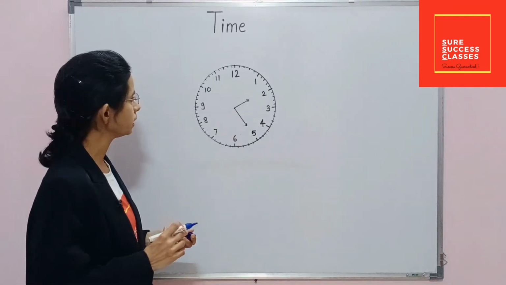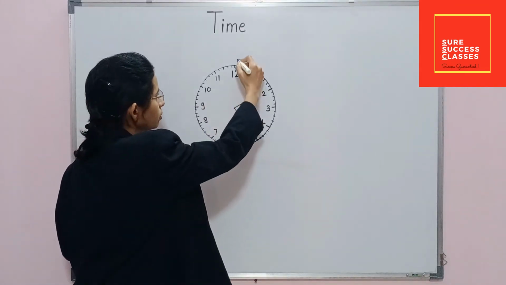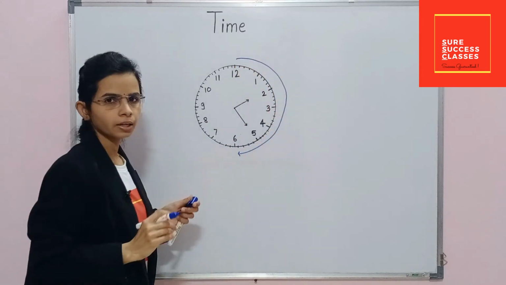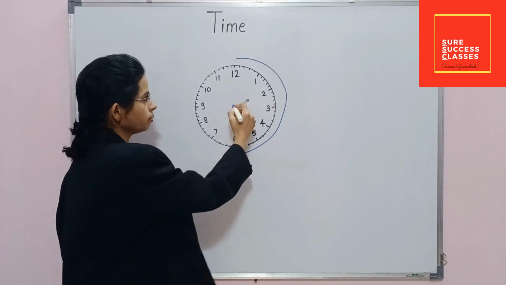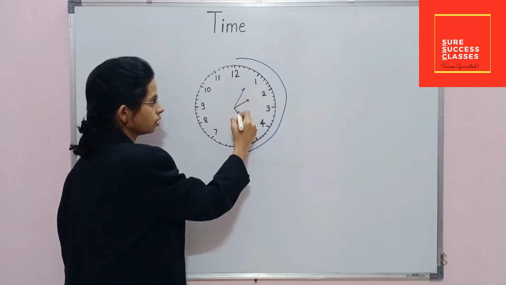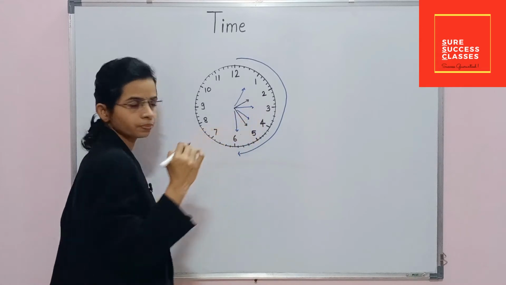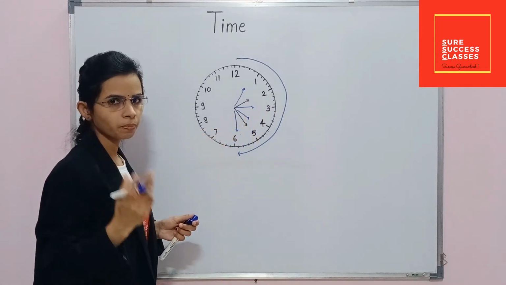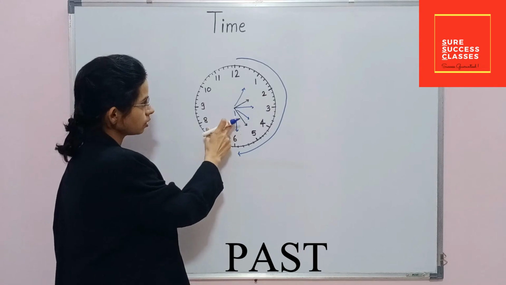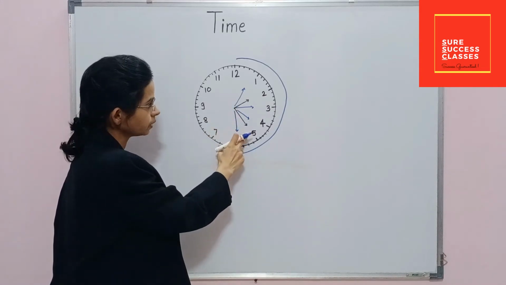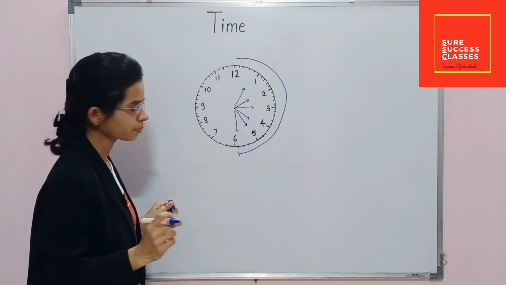Students, if the minute hand is between 12 to 6, it may be here, here, here or here also. We use the word past. Here it is at 5, which means it completes 25 minutes.